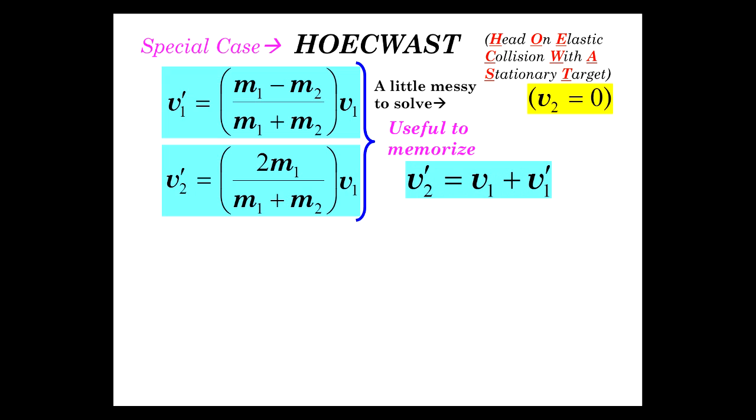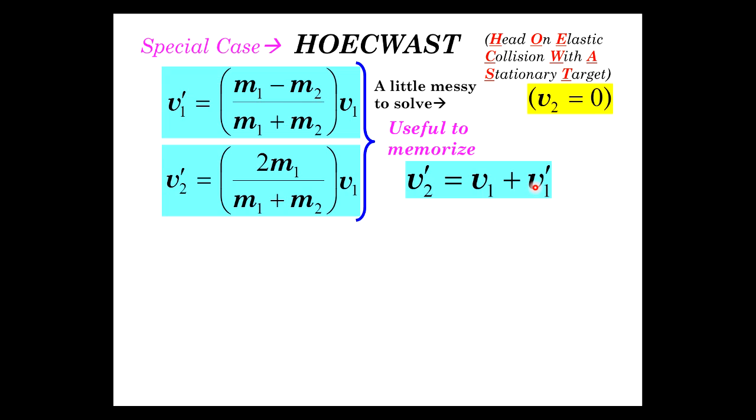In any case, another useful result is V2 prime is V1 plus V1 prime. Well, where does that come from? Where that comes from is that expression we had before, where the relative velocities before and after are equal and opposite.